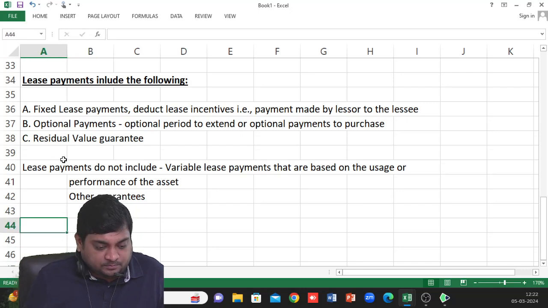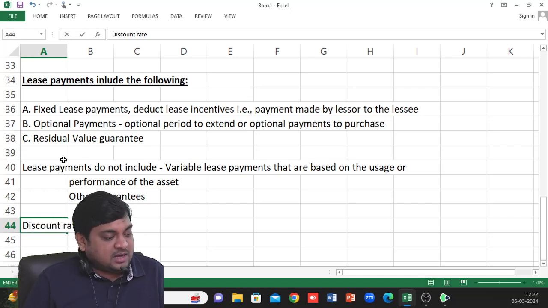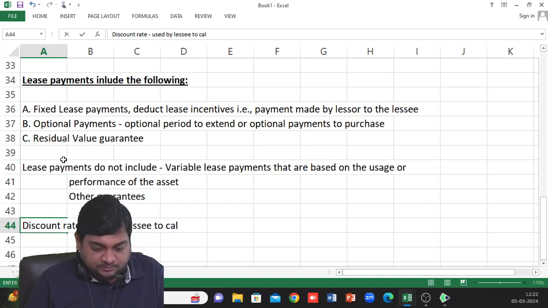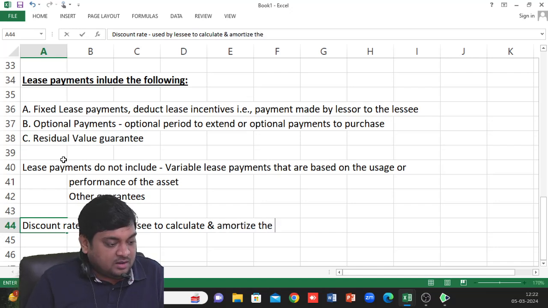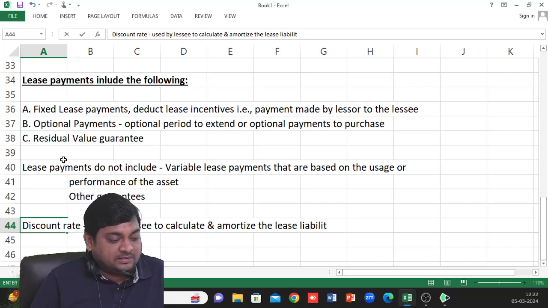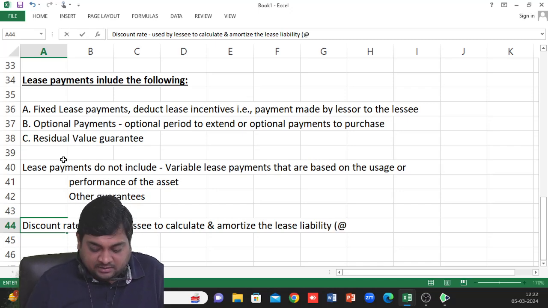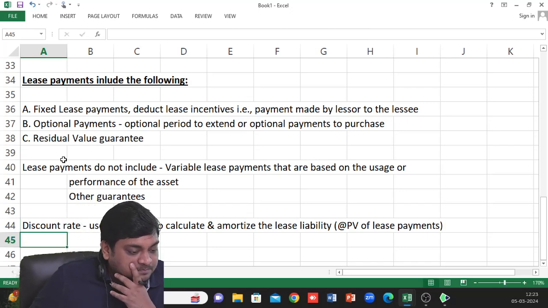So next is the discount rate used by the lessee to calculate and amortize the lease liability, that is at the rate present value of lease payments, right?